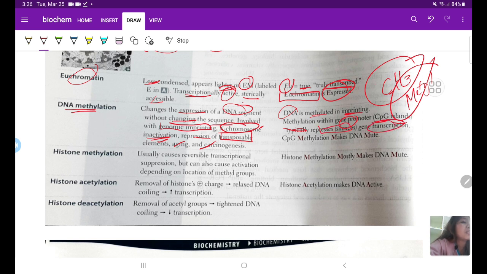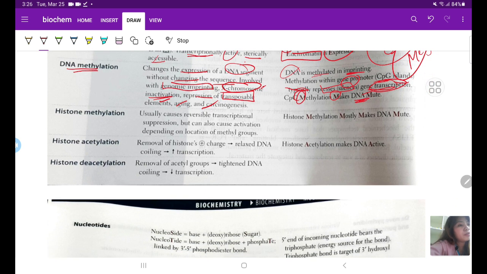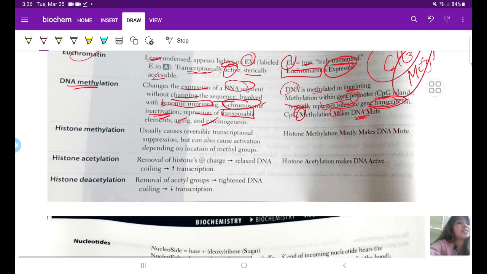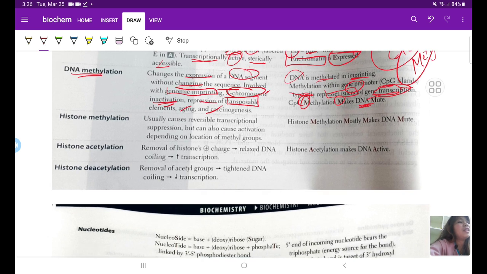So there's this mnemonic that methylation makes DNA mute because it silences gene transcription. That's to further remember it and understand it.